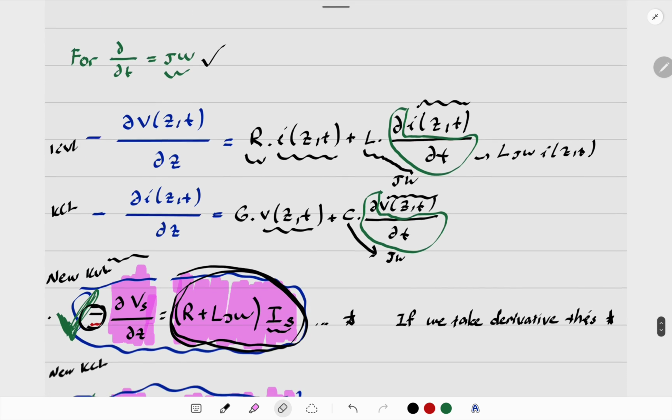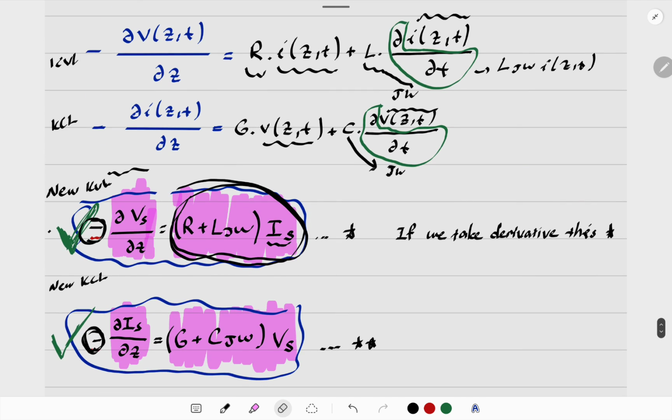For a simpler approach, we use minus del Vs over del z equals R plus L j omega times Is. And same approach for the KCL: minus del Is over del z equals G plus C j omega times Vs.